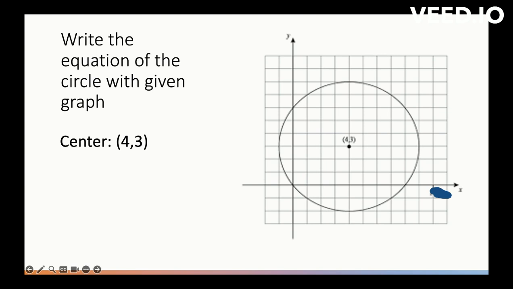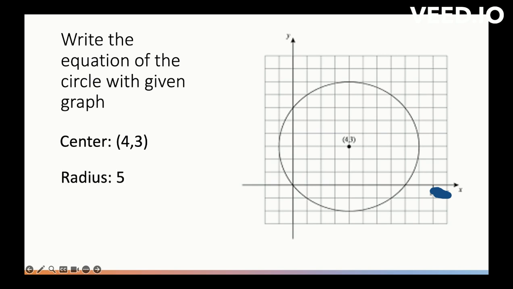And then we need to find the radius. The radius is the distance from the center to the circumference. So counting 1, 2, 3, 4, 5, the radius is 5.